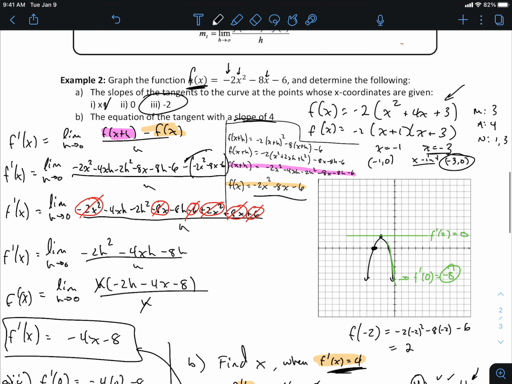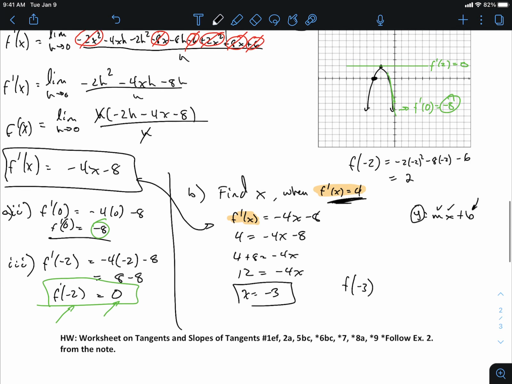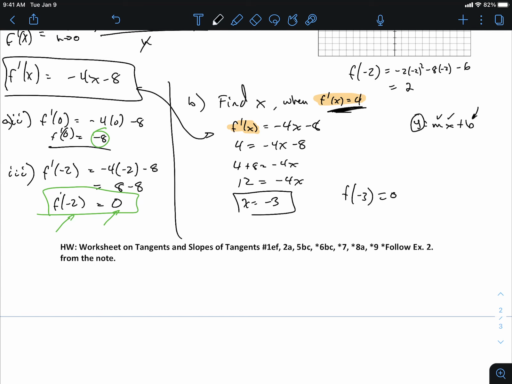If you were to plug in -3 into the x values of the equation, you would get 0. So now you can say, 0 equals the slope, 4, times the x value, -3, plus b. So we get 0 equals -12 plus b, so b is equal to 12. What's our final equation for this? Well, we get y equals 4x plus 12. That is the equation of the tangent.